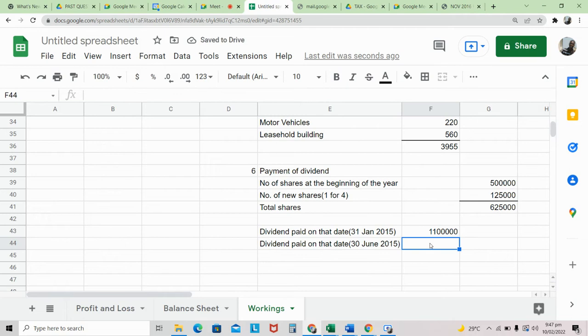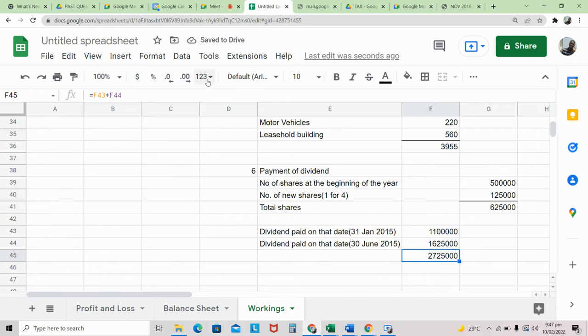To know the dividend that was paid, we have to multiply 625,000 times 2.6. So the total dividend that was paid is this plus this.